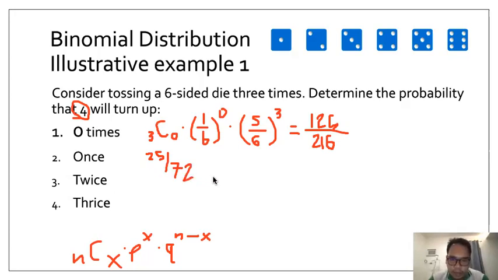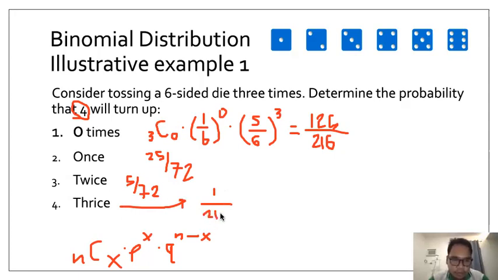The answer for twice is 5 over 72 here. And for thrice, this time, the answer is 1 over 216.